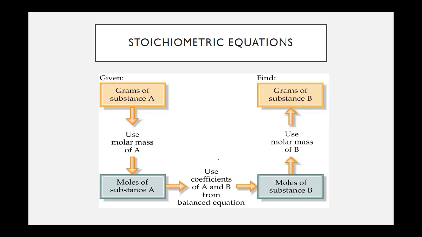So you have to be very careful when it comes to balancing. Kasi maapektuhan nito yung buong sagot nyo. Lalo na kung pinapahanap ito sa inyo lahat. And then, yan, itong diagram lang magiging guide natin sa pagsasolve ng mga problem.